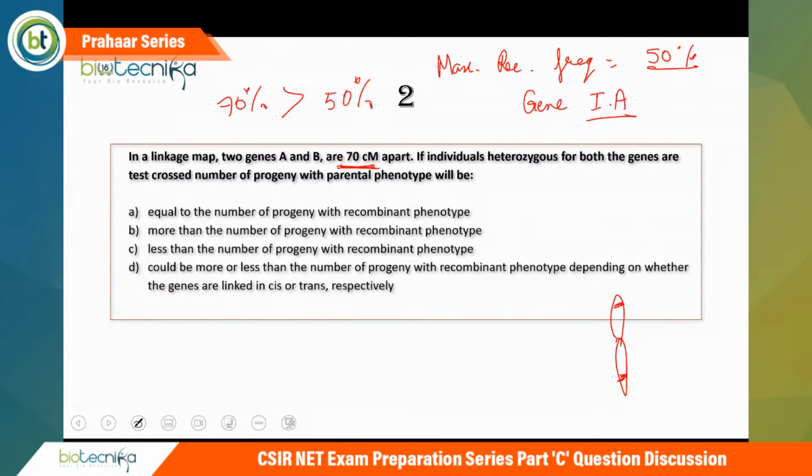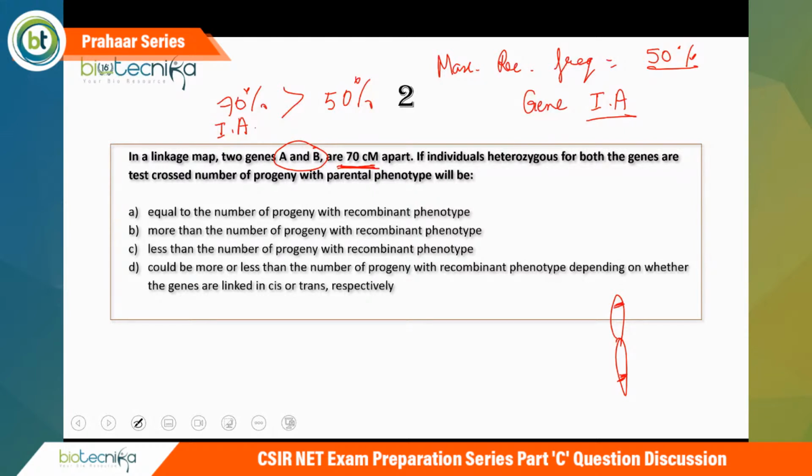What does it tell you? That the A and B genes will not behave as linked genes. Instead, they will behave as independently assorted genes. If the genes are independently assorting, that means the Mendelian inheritance pattern, right?